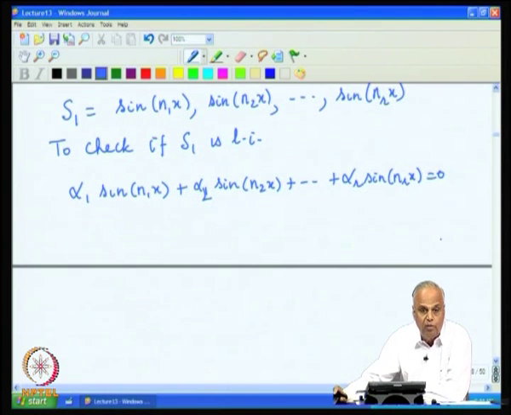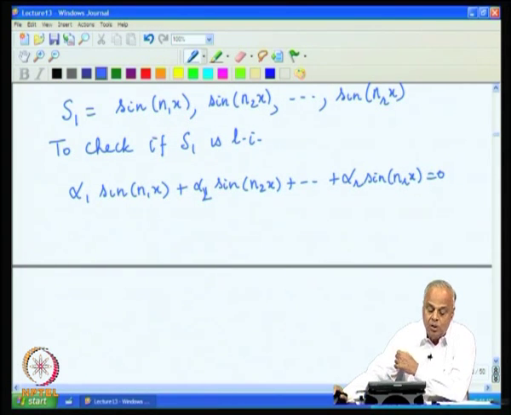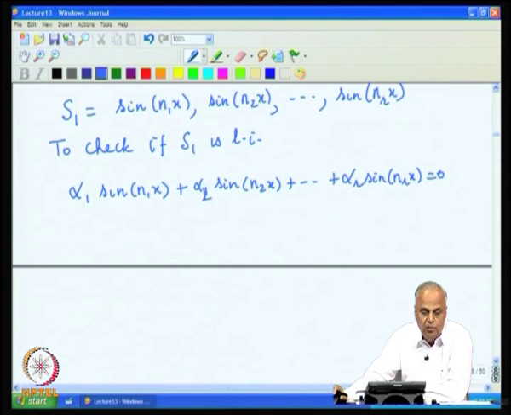0 means the 0 function which takes the value 0 at all the points x in the interval 0 to 2 pi. So, to check if S1 is linearly independent, we look at a linear combination like this and see if all the coefficients are 0. Now, if this is true, we can multiply by sin nj x and integrate.